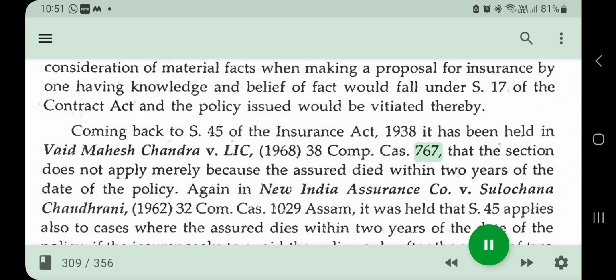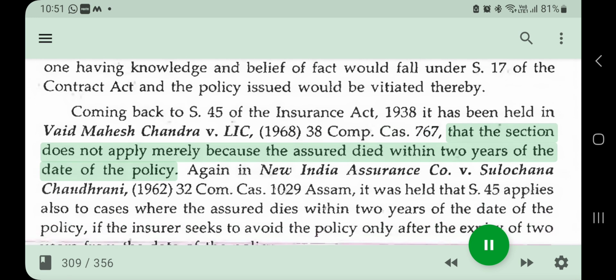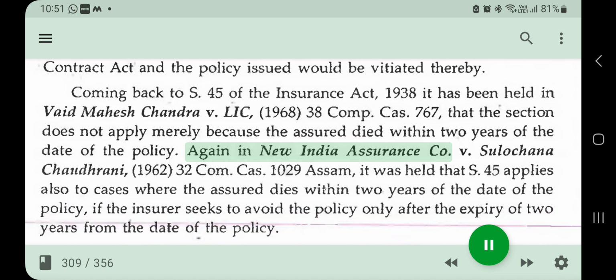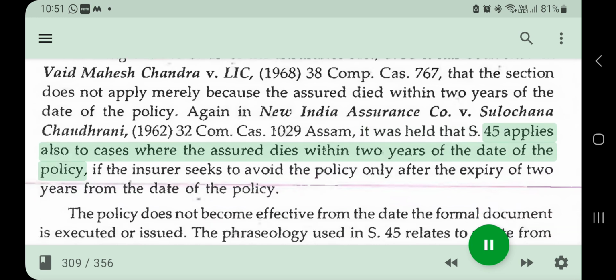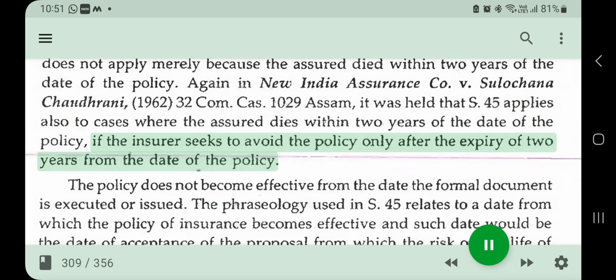Cas. 767, that the section does not apply merely because the assured died within 2 years of the date of the policy. Again in New India Assurance Company v. Sulochana Chaudhrani, 1962-32 Comp. Cas. 1029 Assam, it was held that S. 45 applies also to cases where the assured dies within 2 years of the date of the policy, if the insurer seeks to avoid the policy only after the expiry of 2 years from the date of the policy.